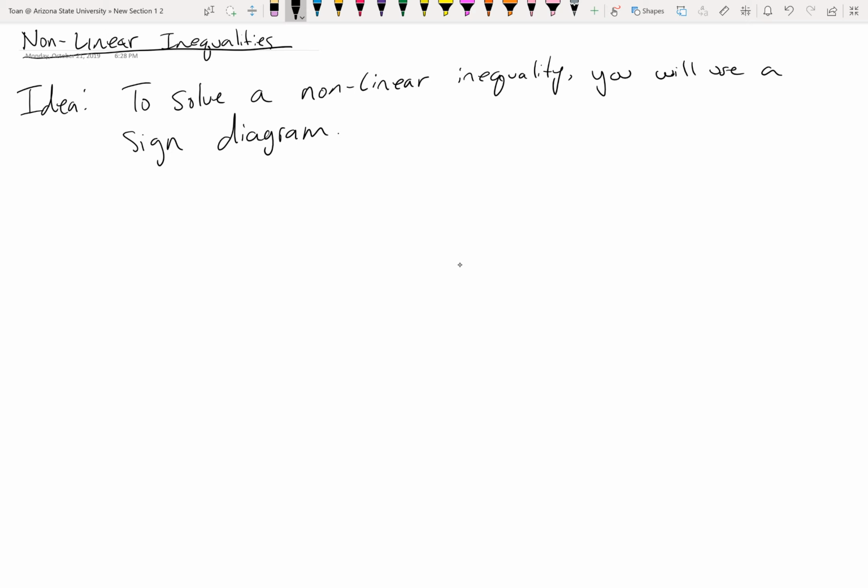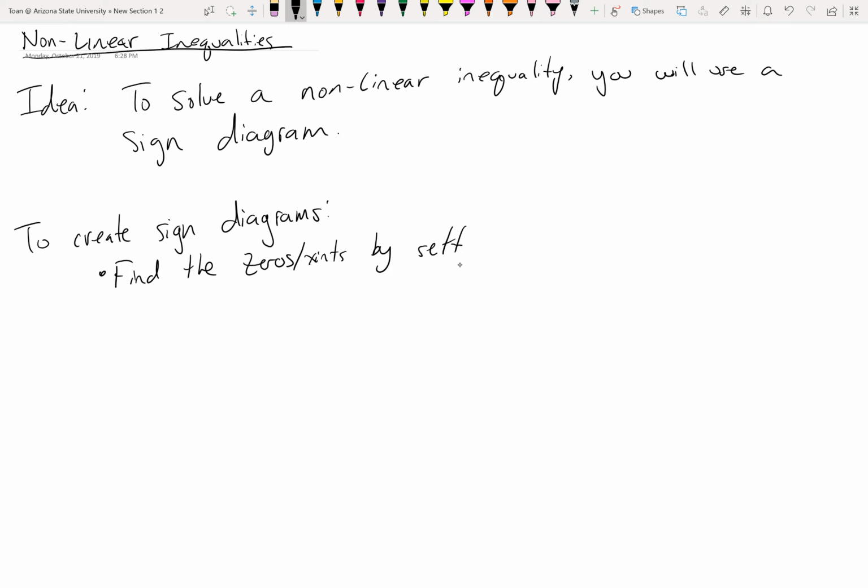If you forgot how to find a sign diagram, here's a quick review. You want to find the zeros or x-intercepts by setting the equation or expression equal to 0 and solve.